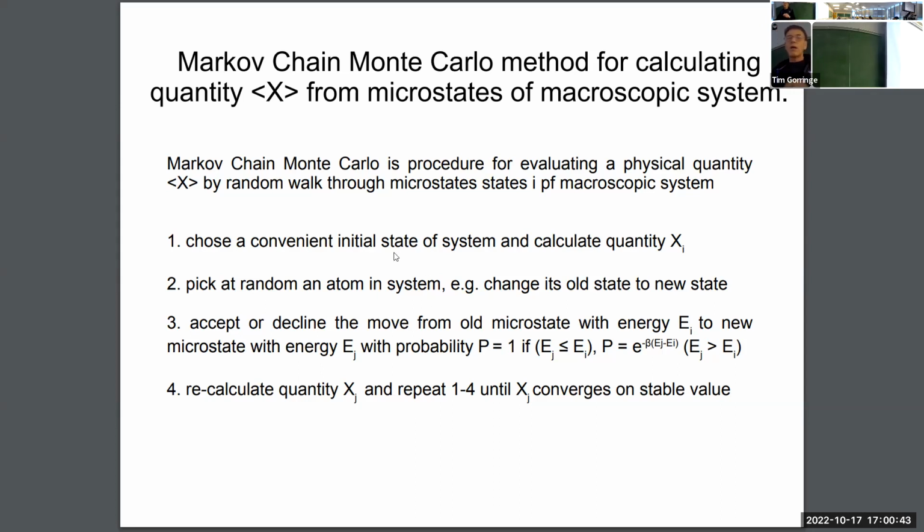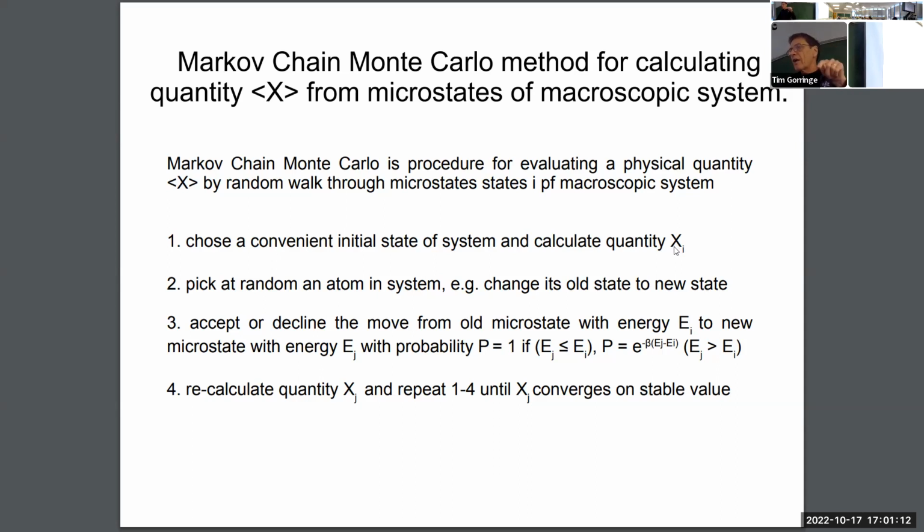Let me go through the steps, and then I'll try to motivate the steps, not prove the steps, but justify them. There's a list of 4 steps here in which I'm going to calculate the energy, in our example the internal energy, or it could be some other observable of a particular microstate.